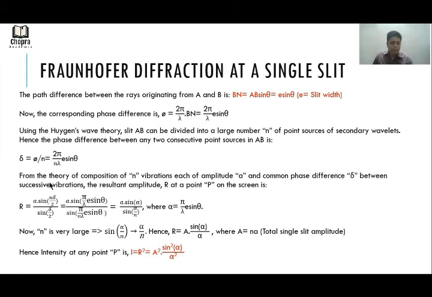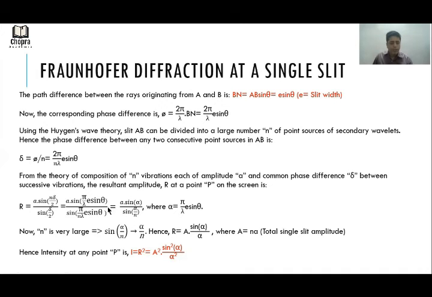This theoretical result arrives from considering the wavefront and the contribution of all the wavelets together to get the resultant amplitude. So this is the result we'll be using and referring to in further discussions also. R is equal to a sine(n delta by 2) by sine(delta by 2). You have to remember this result, and we feed in the value of the phase difference here between the two point sources and we get this equation.